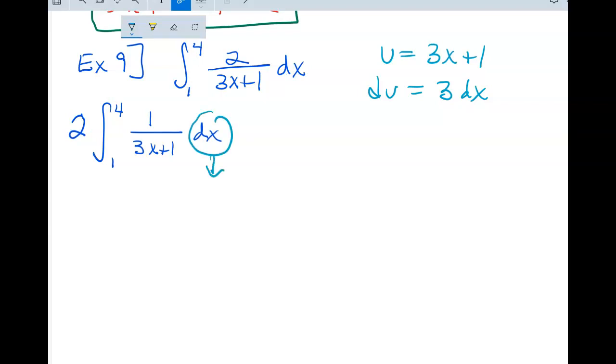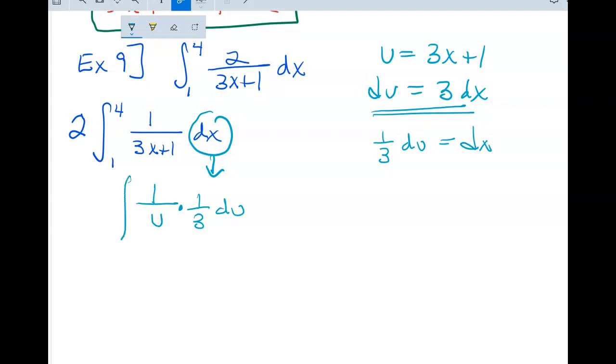What is that dx worth? If we take our equation over here and isolate it, dx is worth 1/3 of a du. So we have 1/3 of a du. The 1 over 3x plus 1 is a 1 over u. And I'll bring down the 2 on the outside.